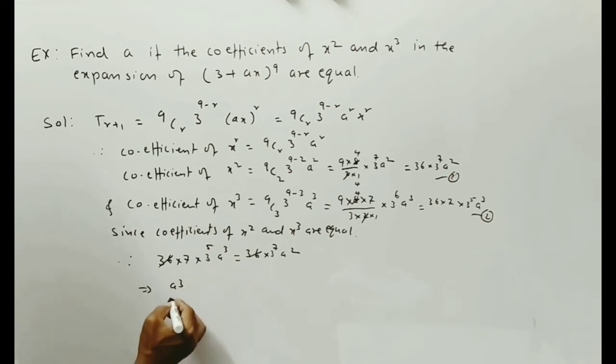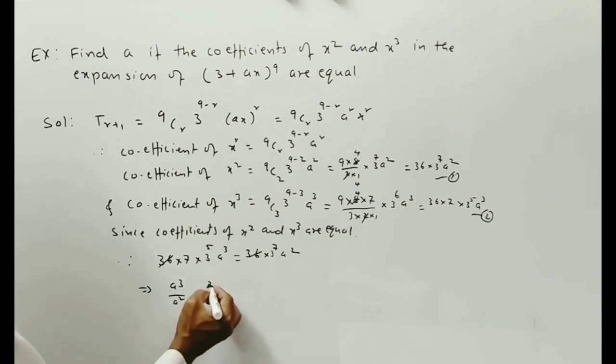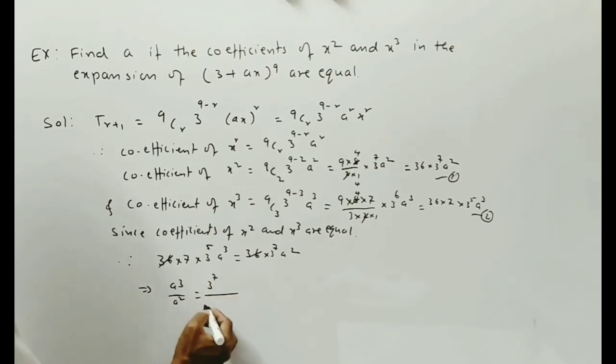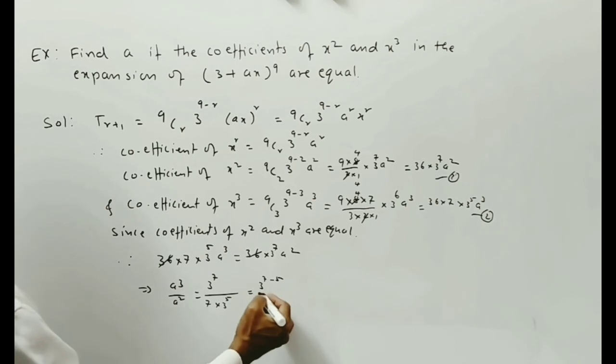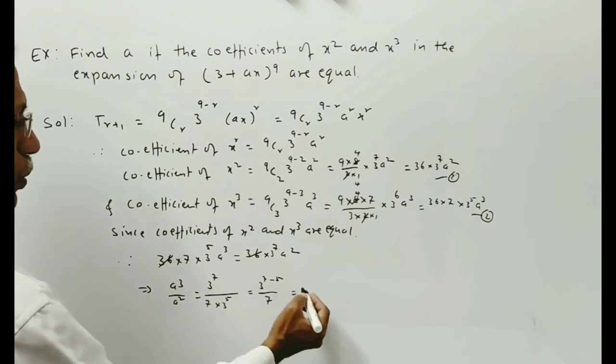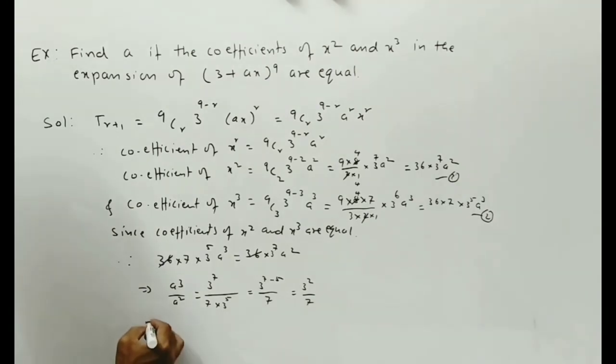A cube divided by a square is equal to 3 raised to the power 7 divided by 7 into 3 raised to the power 5, which is equal to 3 raised to the power 7 minus 5 divided by 7, which is equal to 3 square divided by 7. This implies a is equal to 9 by 7.